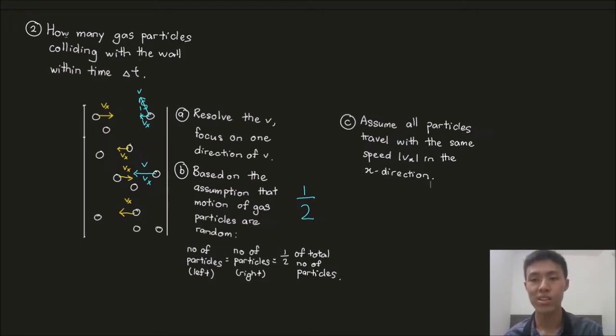Time to really go and find out how many gas particles are colliding with the wall within time delta t. Okay, so let's keep it going. How do we determine this? So if all of the particles here are moving with the same speed, and we specify a specific duration, let's say 0.5 seconds, then all the particles would have traveled the same distance in the x direction within that 0.5 seconds, because all of them have the same speed in the x direction.